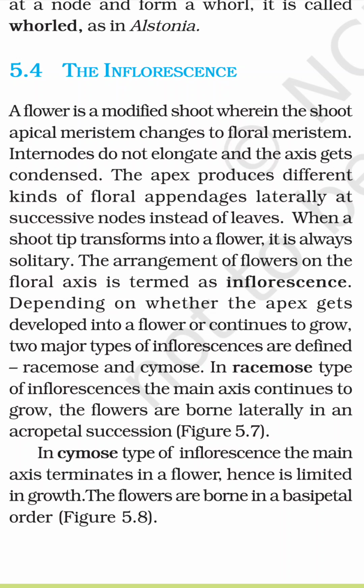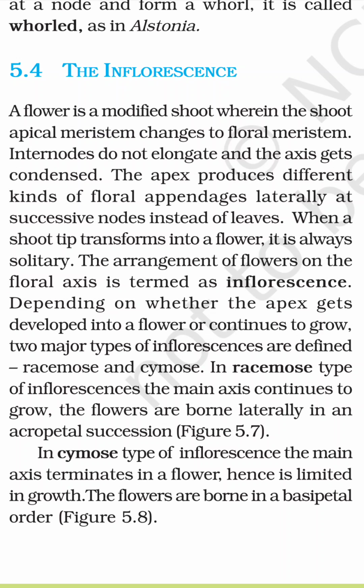When the shoot tip transforms into a flower, it is always solitary. The arrangement of the flowers on the floral axis is known as inflorescence. Depending upon whether the apex develops into a flower or continues to grow, it is of two types of inflorescence, racemose and cymose. In racemose inflorescence, the main axis continues to grow and the flowers are borne laterally in an acropetal succession.